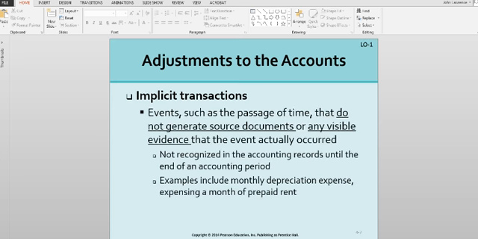The implicit journal entry for that account then would be the depreciation expense that we record each month to depreciate that asset. Similarly speaking, prepaid rent. In the very first month where we make that prepaid rent account, it's an explicit transaction, and then implicitly each month thereafter, we begin to expense that prepaid account.